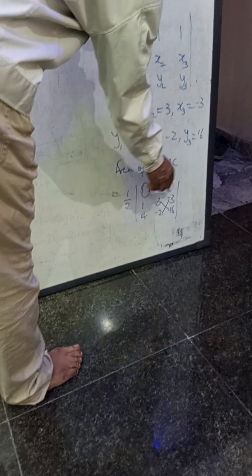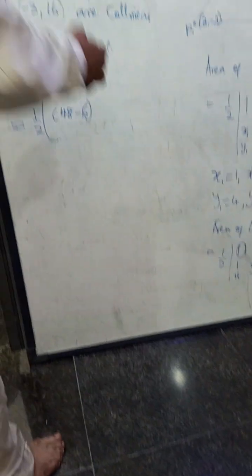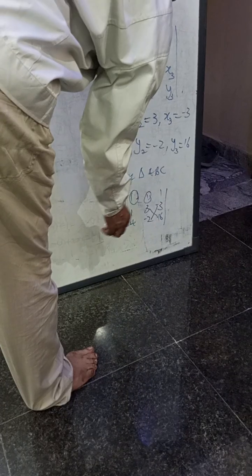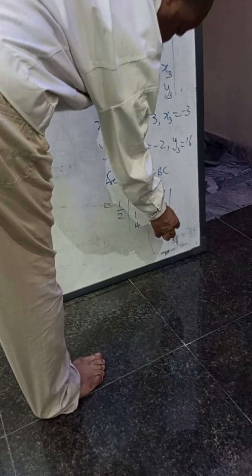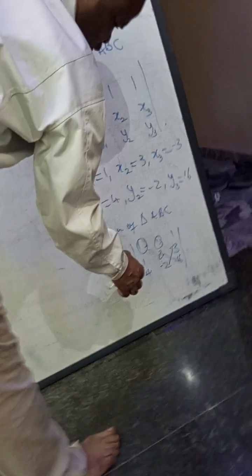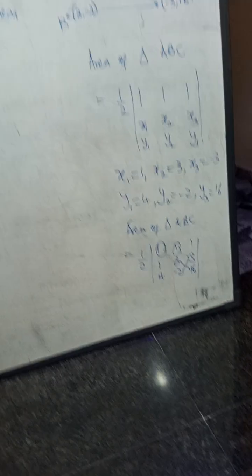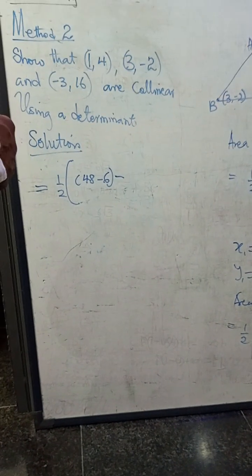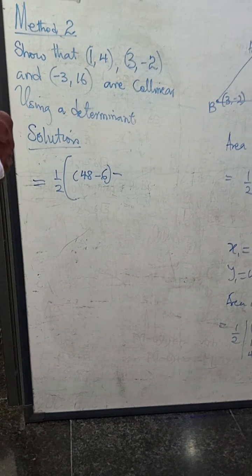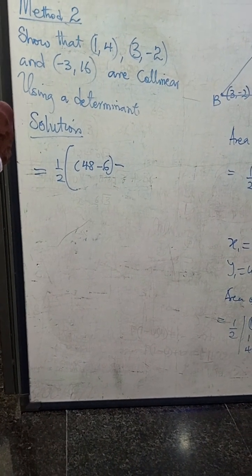So this will be minus, this will be plus. So the next number then will have a plus. If you pick this one, that means you are going to take the elements here. We are going to begin from 4 times 3 minus 1 times 16.